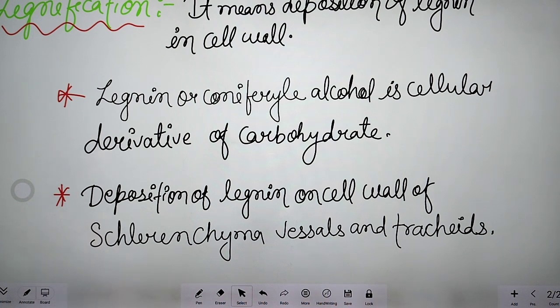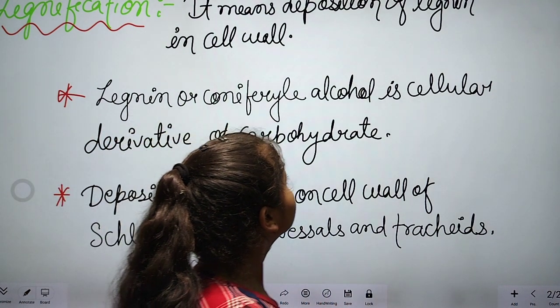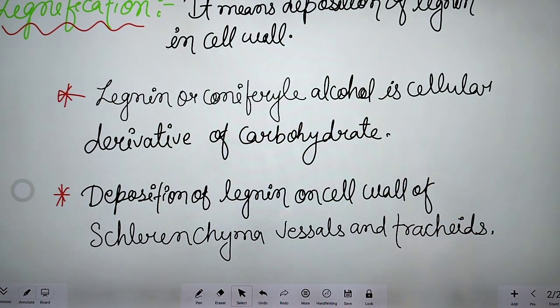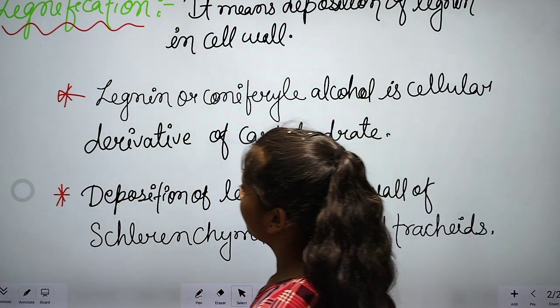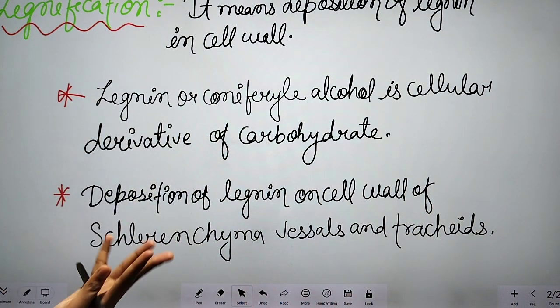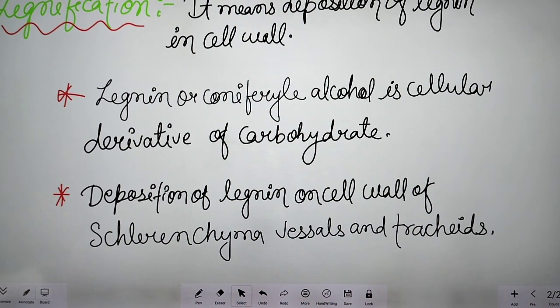Here lignin or coniferyl alcohol is a cellular derivative of carbohydrate, and the second one is the deposition of lignin on the cell wall of sclerenchyma, vessels and tracheids. We can find it only in sclerenchyma, vessels and tracheids.